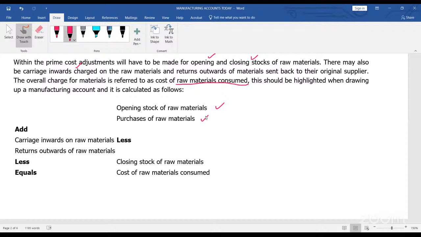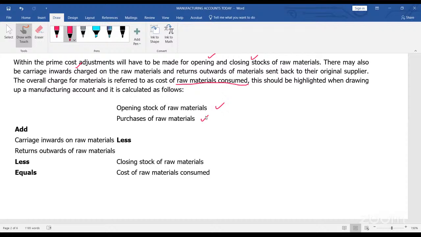So we may purchase more raw materials. Then there will be what we call carriage inwards on raw materials. Carriage inwards on raw materials increases the raw material cost. So we add the carriage inwards on raw materials.